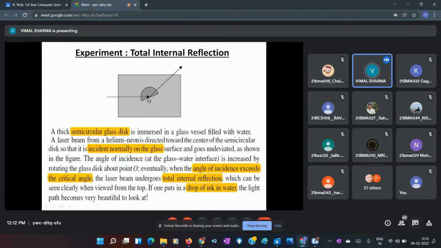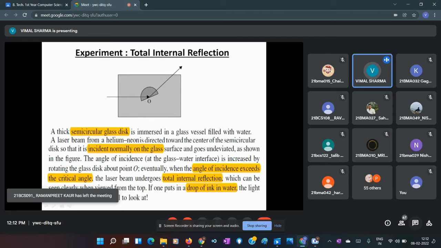There is one very small interesting experiment which you should try at home if you can arrange these things, to see total internal reflection. We talk about total internal reflection but it is never observed, because you cannot see light, and then you cannot see whether it is totally reflected or refracted as well.